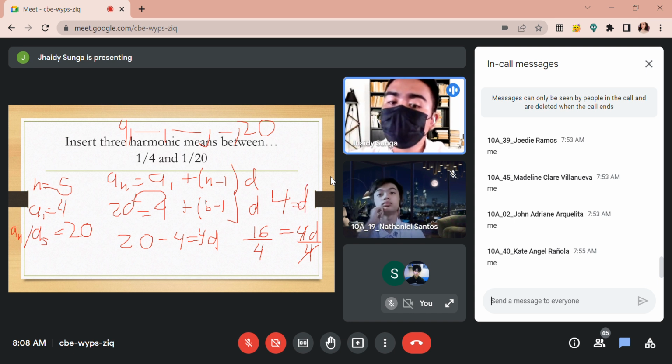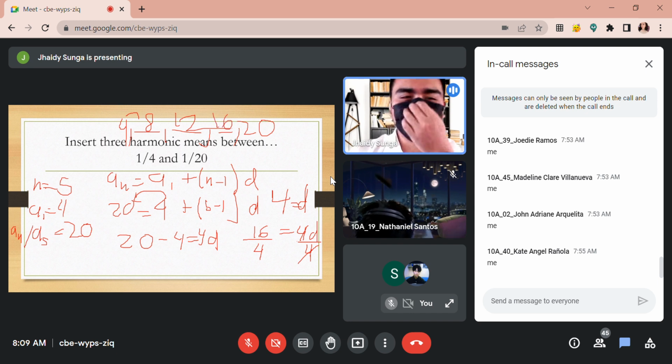So what we will be doing is to add 4 in each term. So 4 plus 8, 8 plus 4, 12 plus 4, 16. No, because in our long quiz, what I saw is that they get the middle.